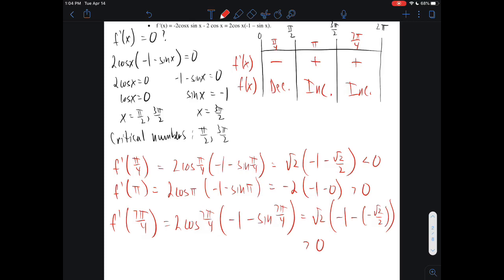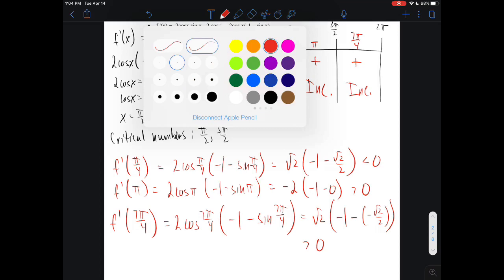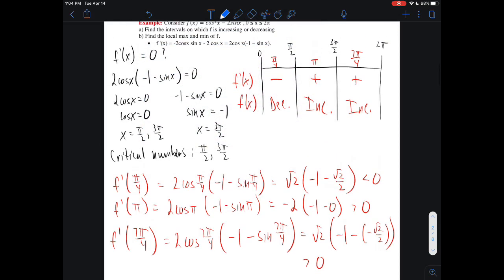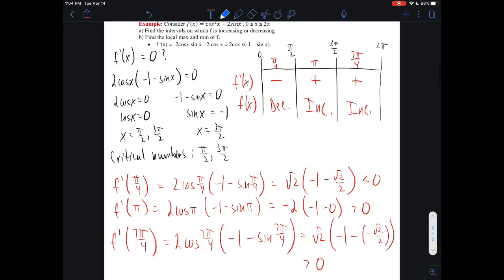So now I can summarize what I just got from all of this. My intervals I can write down first to answer part A. So I can say decreasing, that's on the interval 0 to pi over 2. And then increasing, I can say from pi over 2, and that goes all the way up to 2 pi.